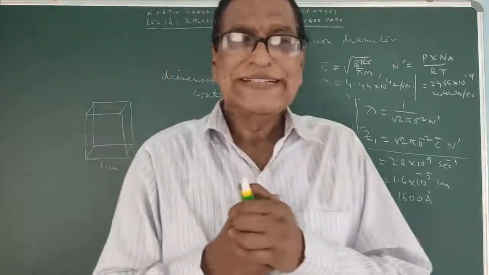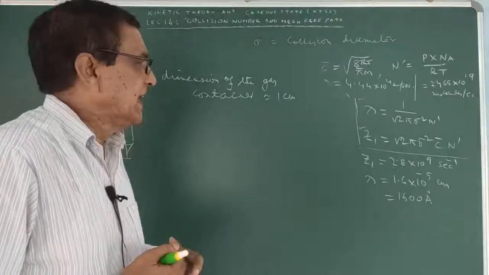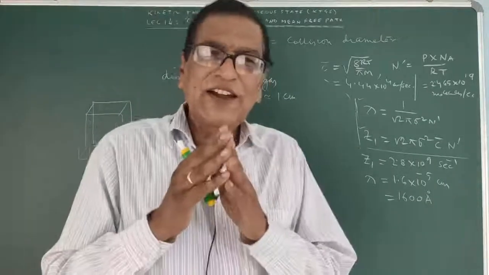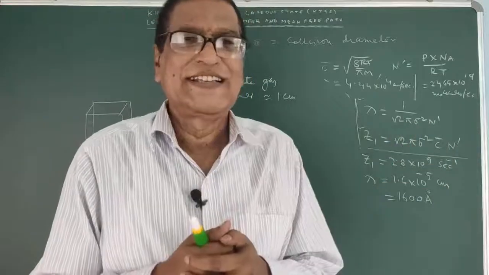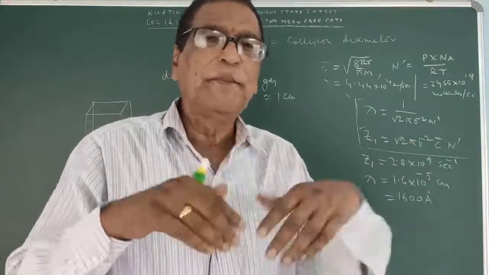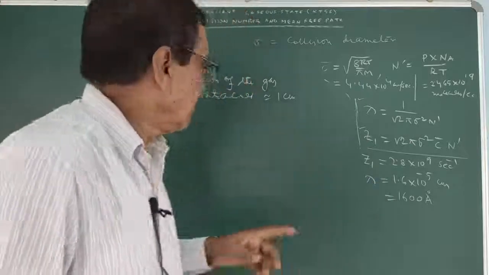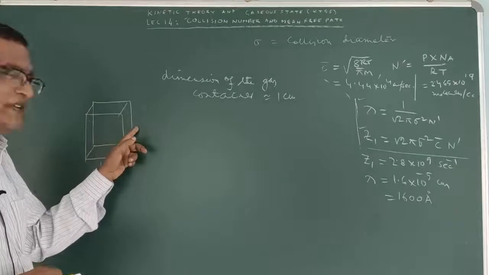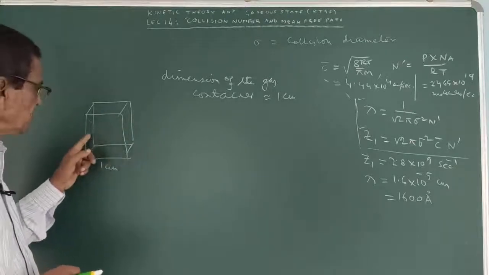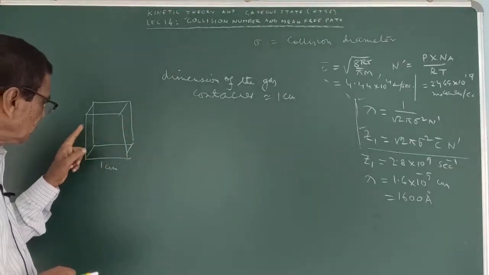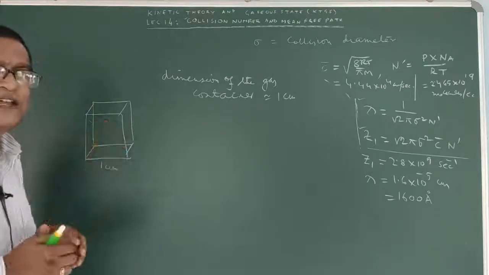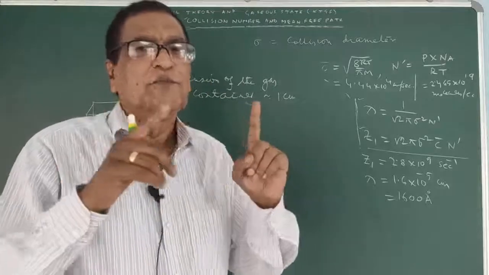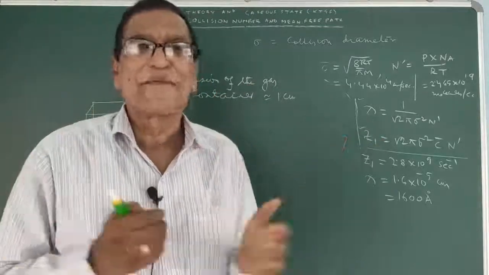We would like to calculate how many collisions the molecule will make going from this wall to that wall. How many intermolecular collisions will one molecule of oxygen suffer?